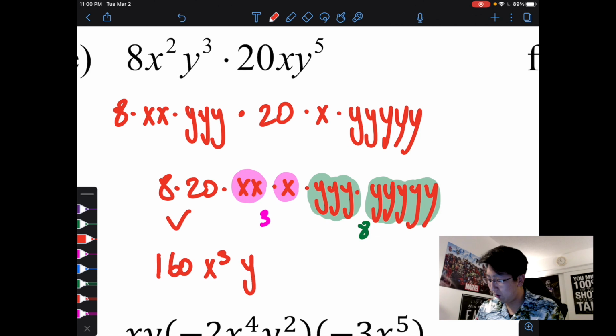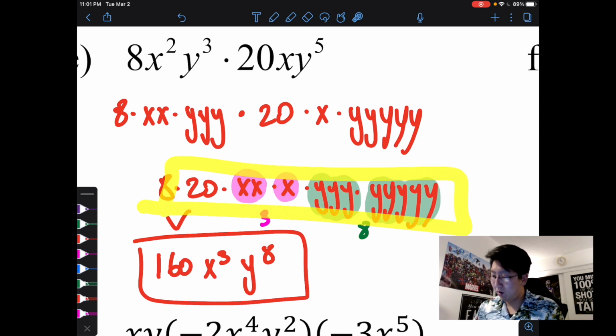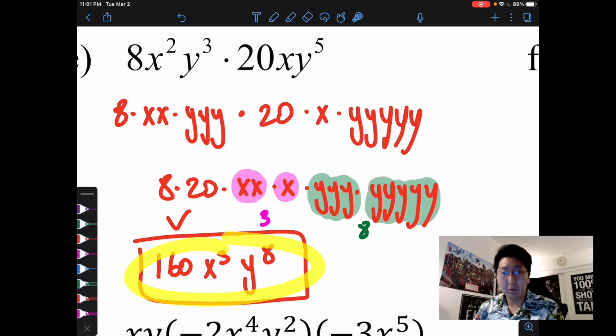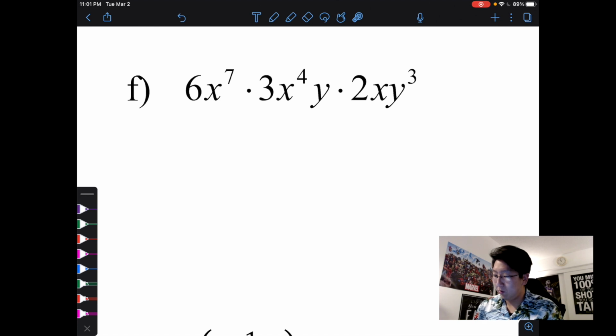So I have a total of 8 y's. Say y to the 8th. This is all being multiplied. The things that are repeating are here. The bases are repeating. So that's how I get this final answer. Okay. Let's go ahead and move on to the next one.